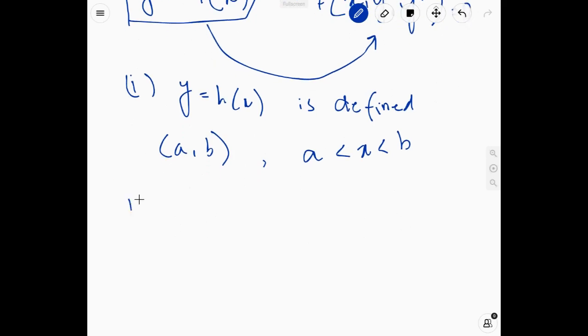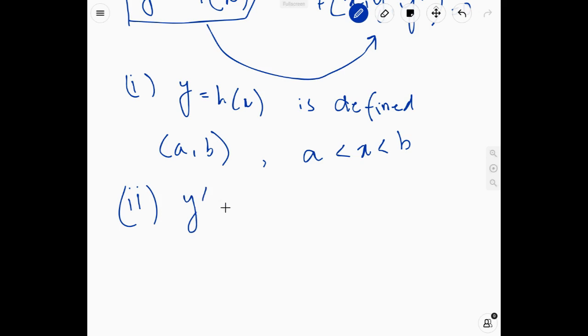And number 2, the first derivative of y with respect to x exists throughout this interval. That means that the first derivative of y exists at each and every point of the given interval a to b.